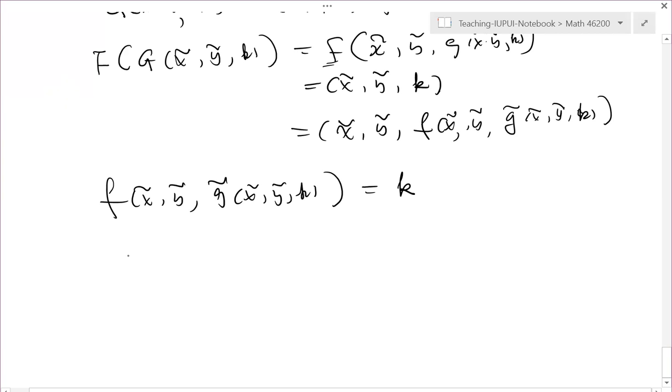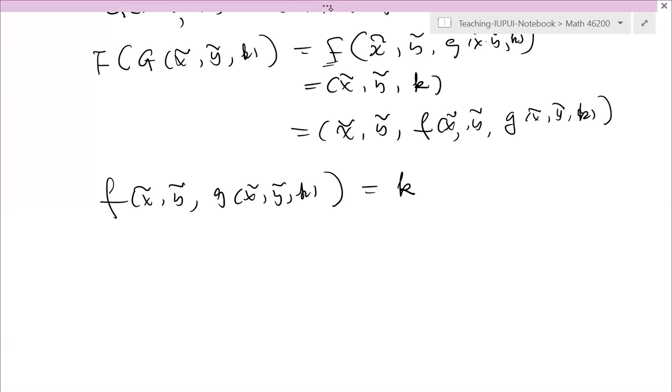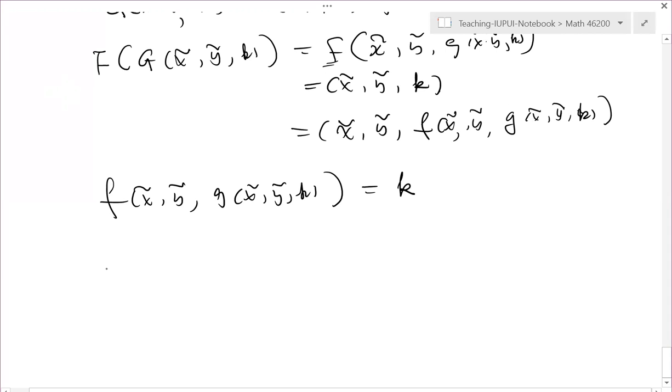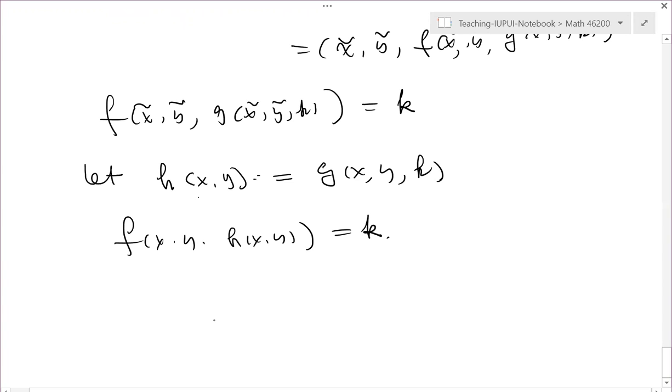That means if I keep writing G2, that's good. So I let H be x, y, G, x, y, K. Then you have x, y, H is always equal to K. So in other words, this level surface passing through this point is going to be described by the graph z equals h of x.